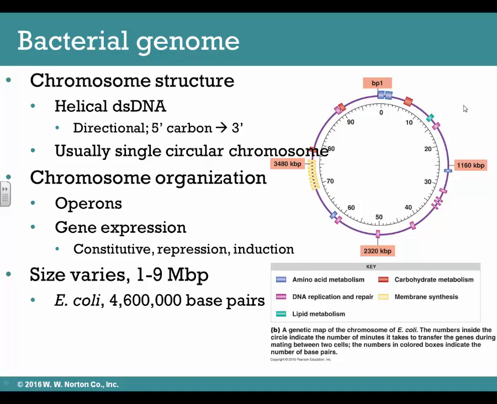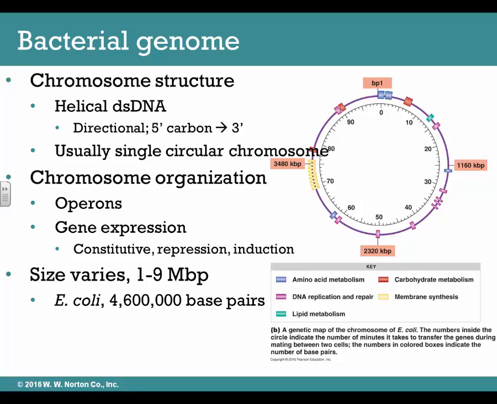The entire genome of E. coli has been sequenced and mapped out, and the colored blocks in this purple circle, which represents the single circular form of the chromosome, represent genes, or clusters of genes, within that genome.